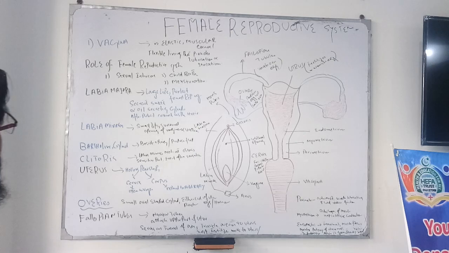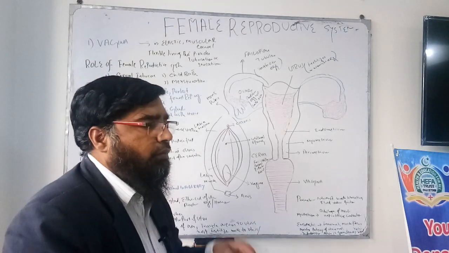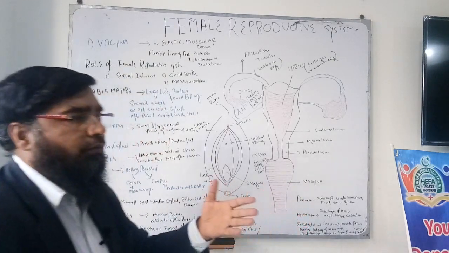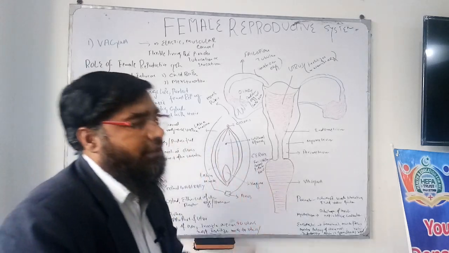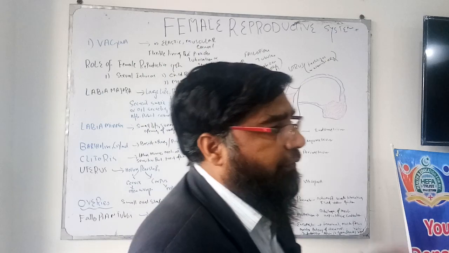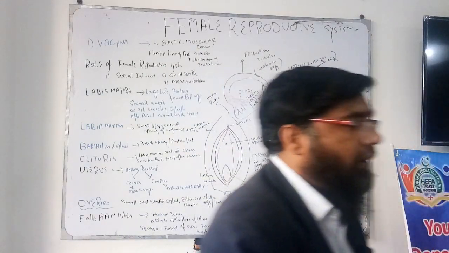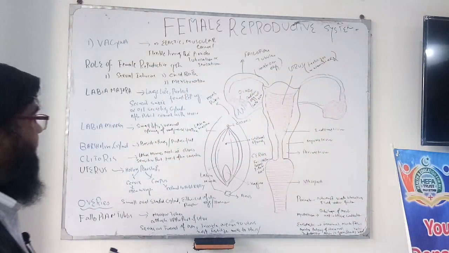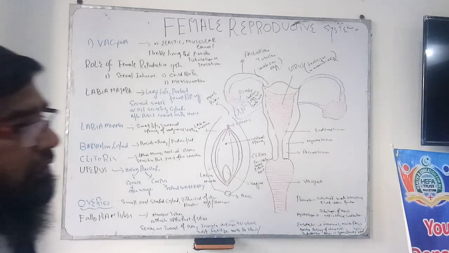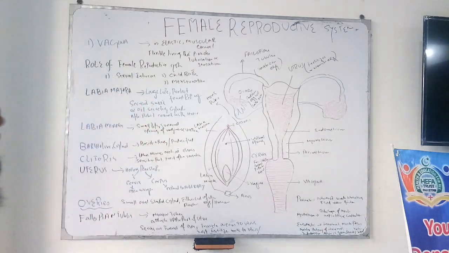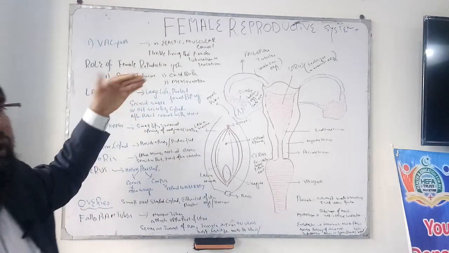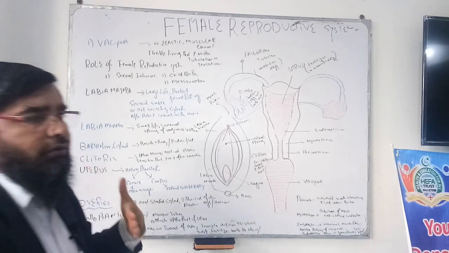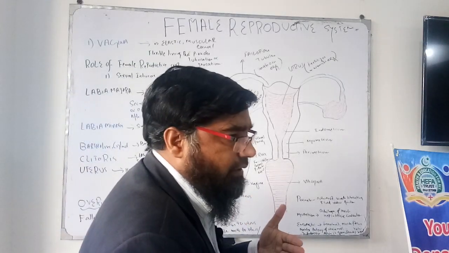Before going towards the next, we will discuss here the role of the female reproductive system. What is the role of the female reproductive system? It has three main roles. The first role is sexual intercourse.